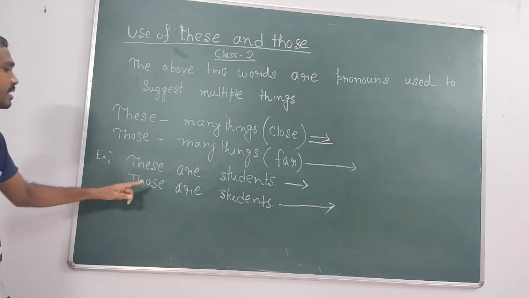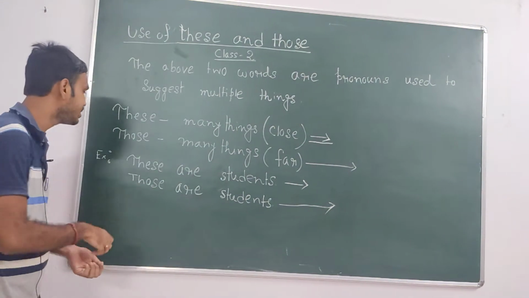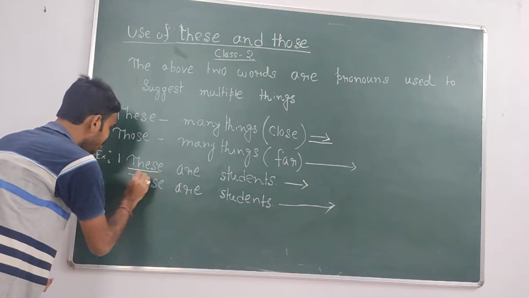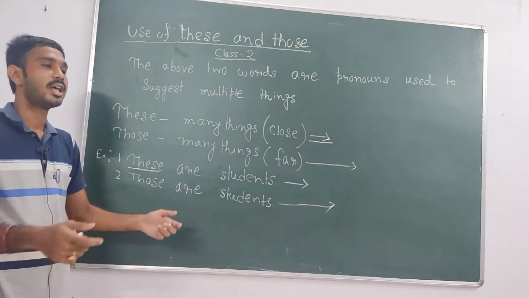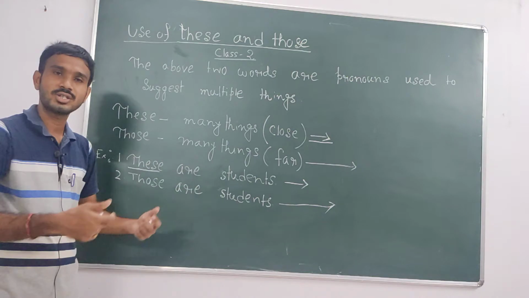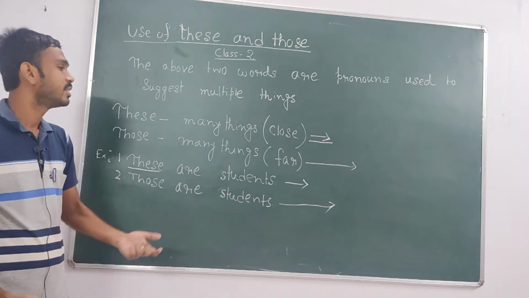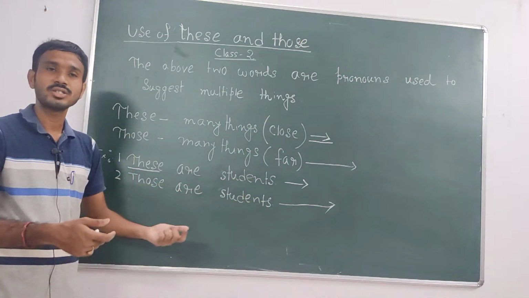Giving an example: these are students, and those are students. In the first sentence, these is used to suggest many students who have gathered at school and are having a discussion in front of us, or in front of the teacher's room, and we can point to them: these are students of class 2 and they are discussing a topic.